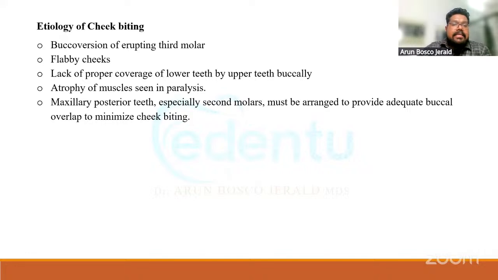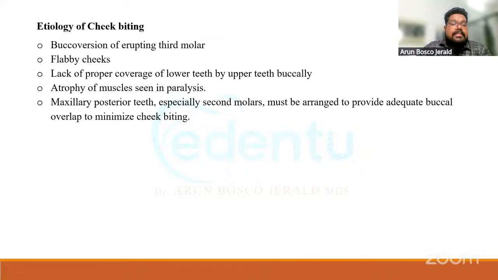Then flabby cheeks, lack of proper coverage of lower teeth by upper teeth buccally. That means proper intercuspation is very important for proper chewing by the posteriors. If the proper coverage of the lower teeth by the upper teeth is not present, that can also cause cheek biting.